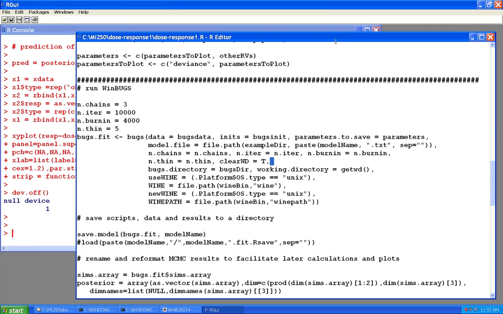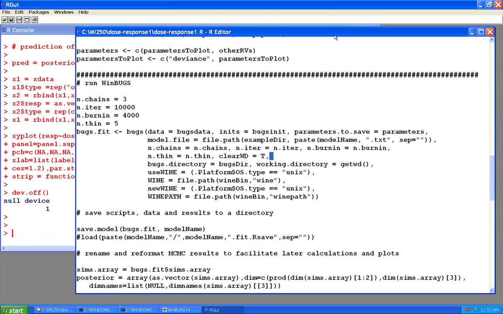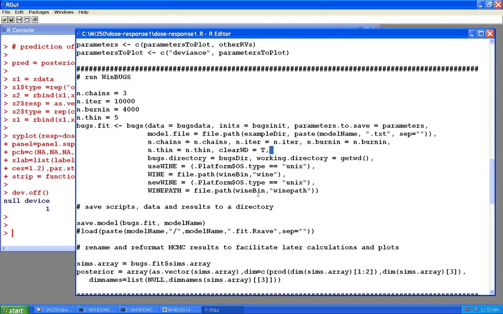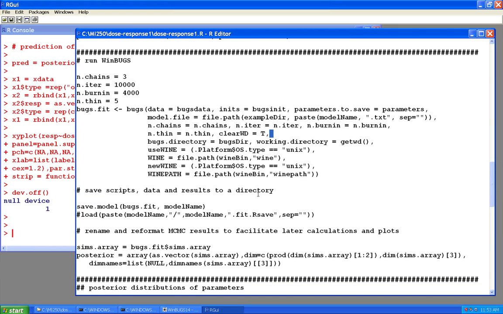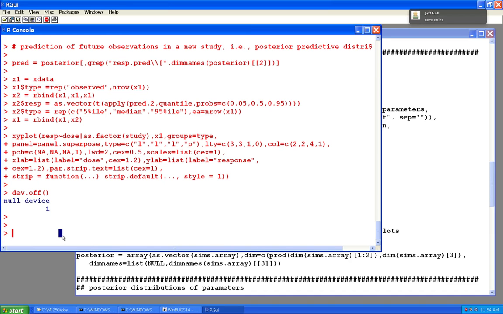What I wanted to do is show you just an illustration of what I mean by the correlation between some of the parameters. And in particular, with things like Emax models, you'll usually find that the correlation in the posterior distributions for things like Emax and the ED50 tend to be fairly high.